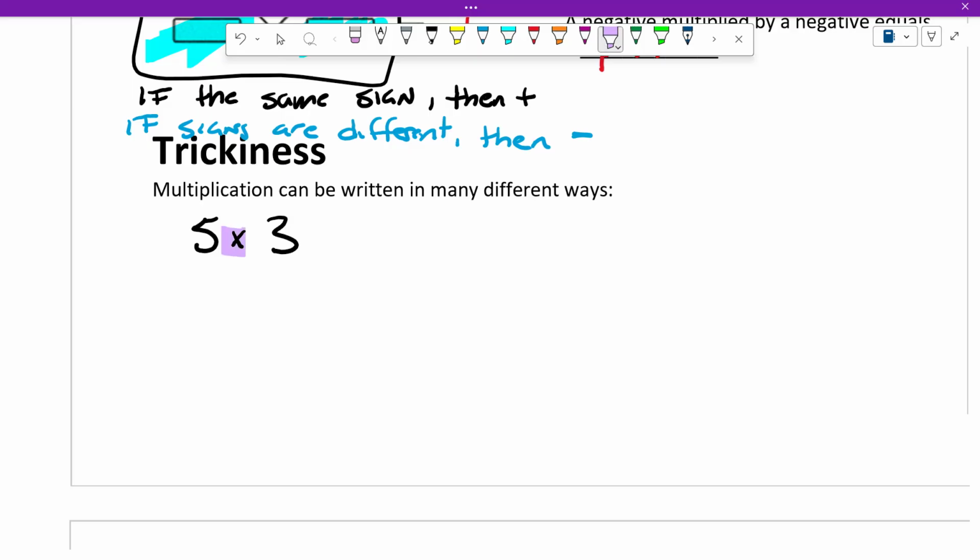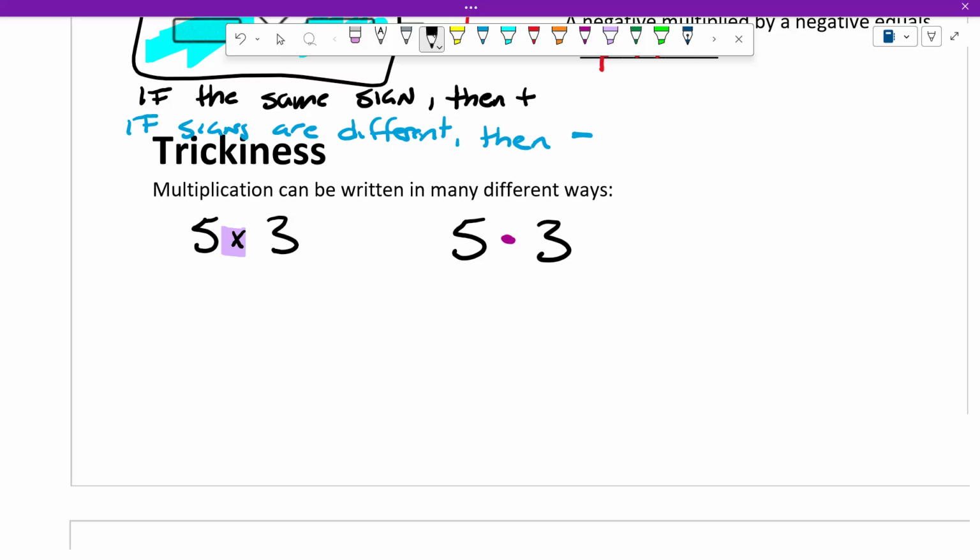So a times means to multiply, but I could do the exact same thing and go 5 dot 3. If you see that, that also means to multiply. Okay? Now, there's another way.